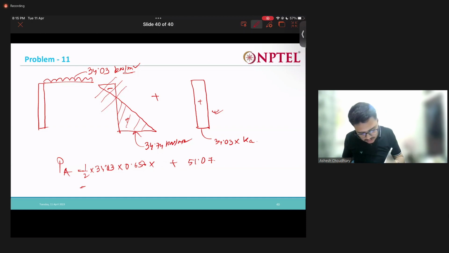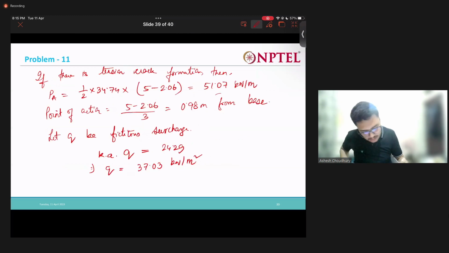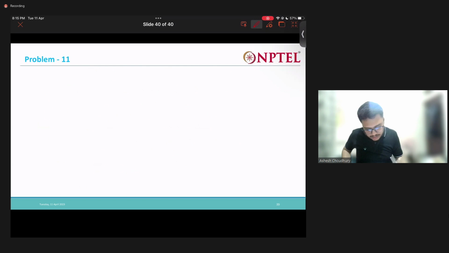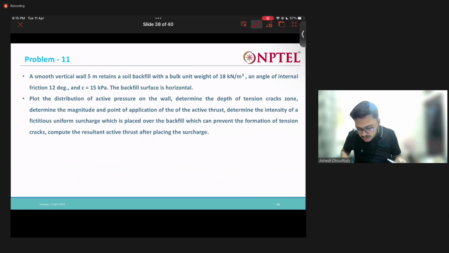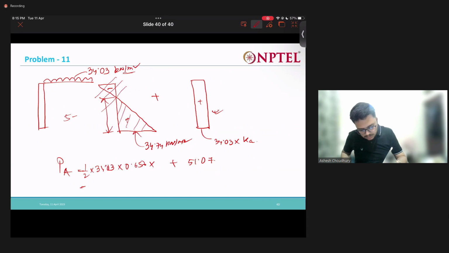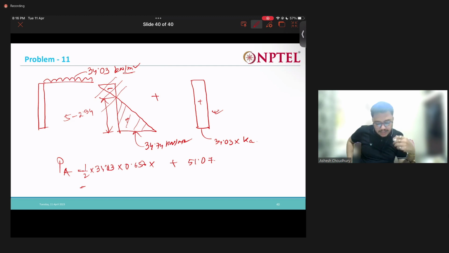What is this height? 5 minus 2.06, which is 2.94. The height shall now be taken up to the ground, because negative pressure came there, and the bottom pressure 34.74 is as it is. The negative pressure is getting cancelled out, so the top will be zero, and the line will be connected from zero to 34.74. Top zero and bottom 34.74.